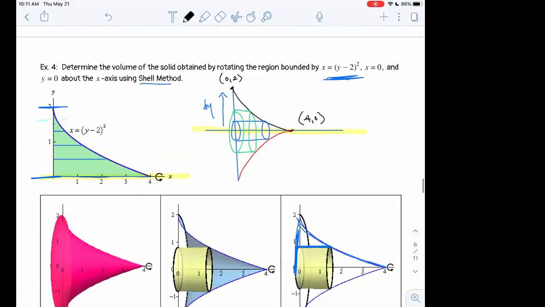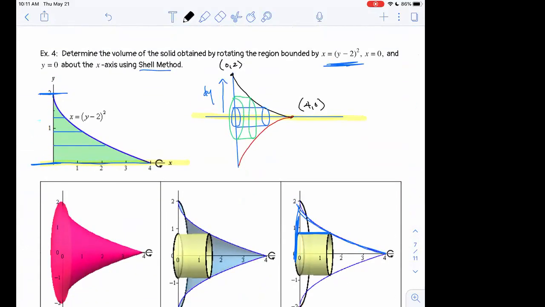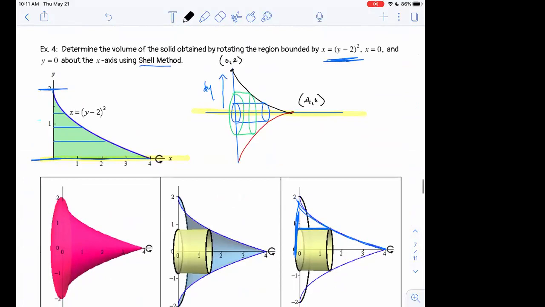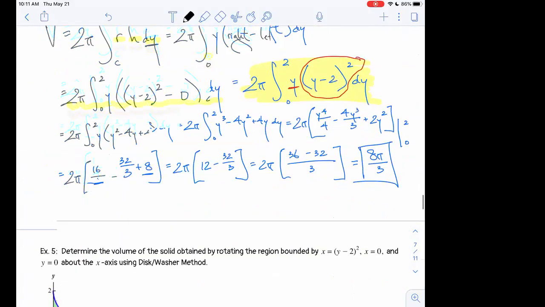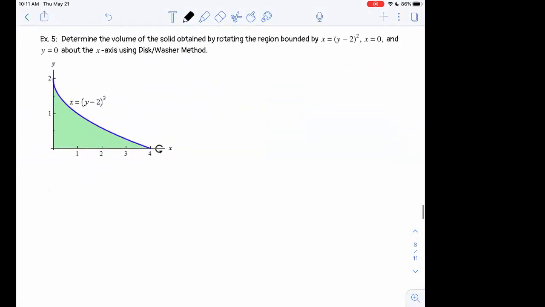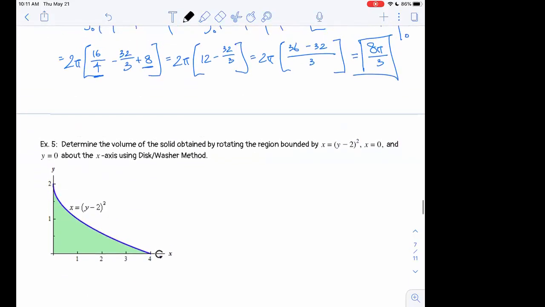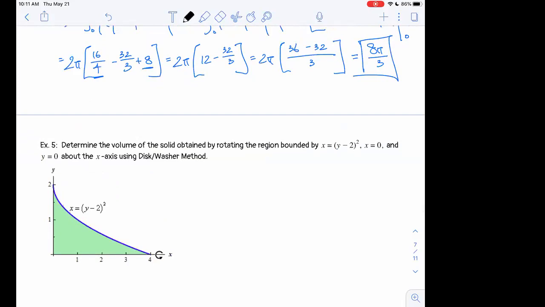Well, so we started off this morning looking at example 4, okay, and we used shell method for that. And so what I'd like you to do right now is take a few moments to re-look at the same problem using disk and washer method. Okay, so we already know what our answer is going to be. At the end, we better get 8 pi over 3.